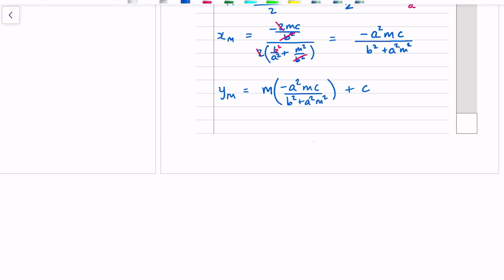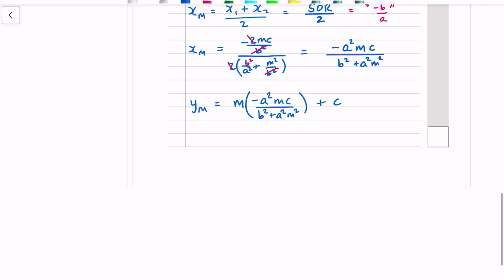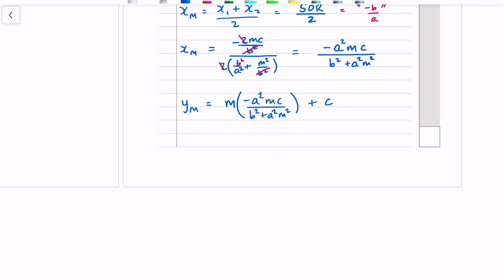Now, it's not so obvious that this is a straight line equation, because it has a and b from the ellipse equation. It has the m value, which is the slope of the original chord I chose, but it also has a plus c thing here. So what they do in the schedule, which is the really clever bit, is they make c the subject of this equation up here.